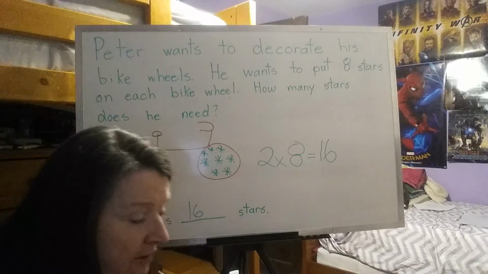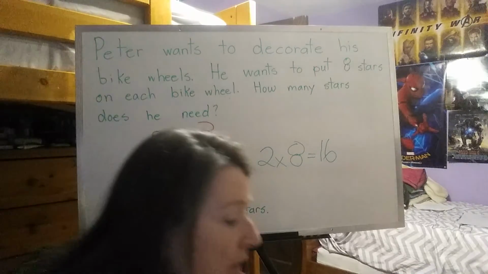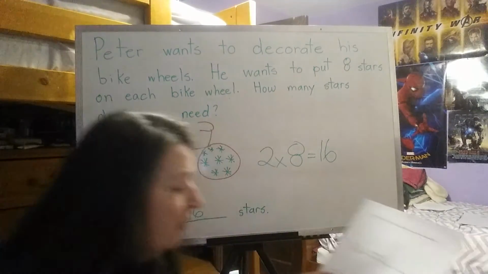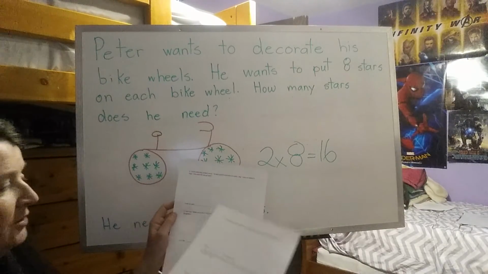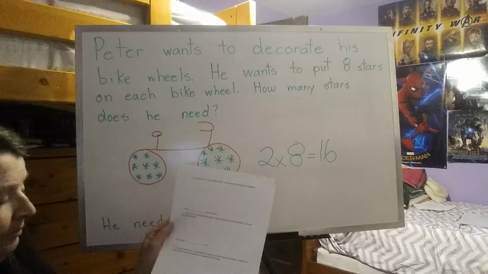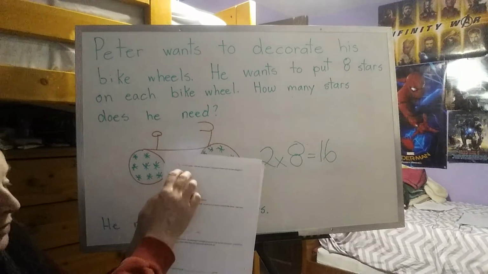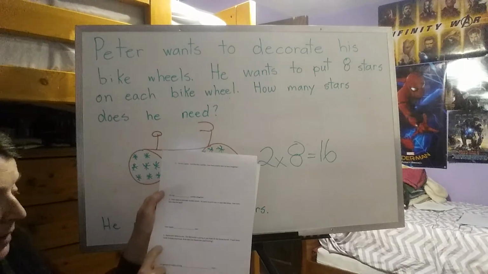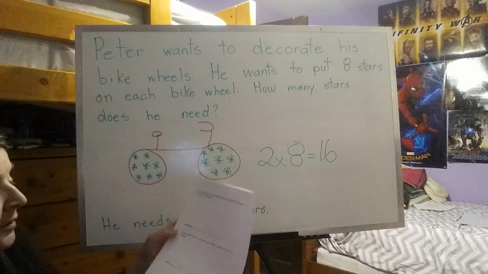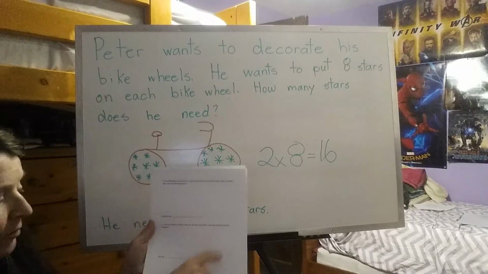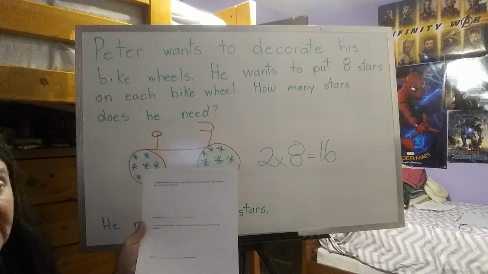I can't wait to see at the end of today all your lovely answers and all your lovely work on these activities for the multiplication. So we've done 1 and 2 together. There's number 3, number 4, and number 5, and there's a little room for a picture and a little room for your multiplication sentence for each one.